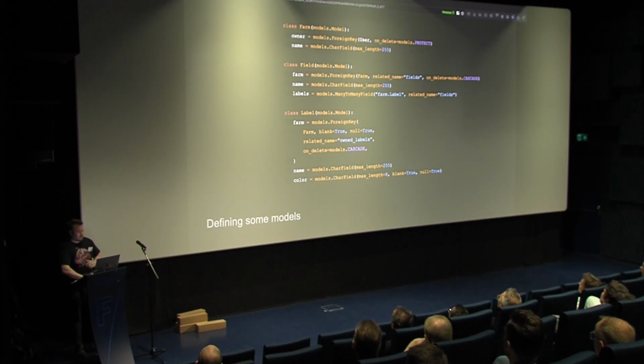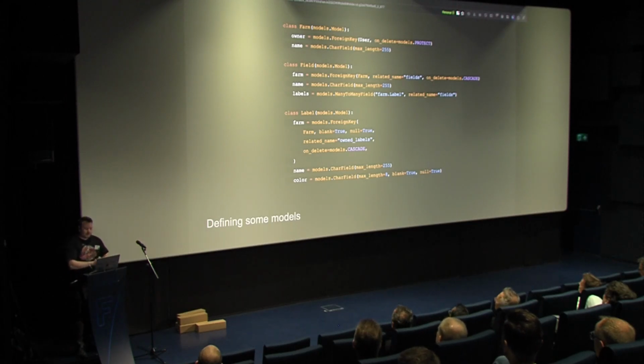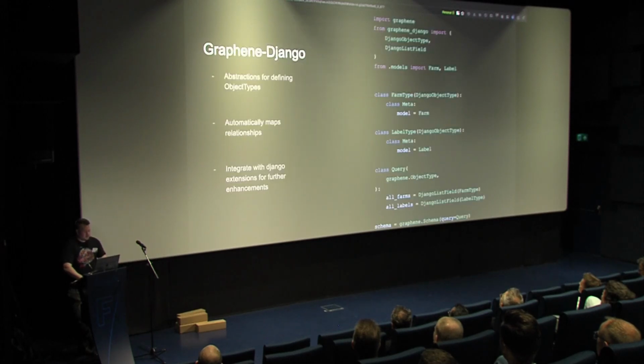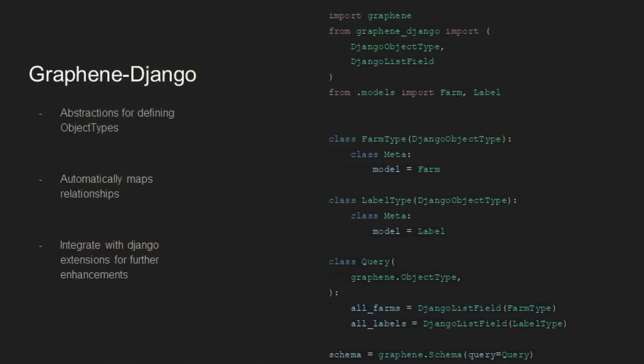And each field can have maybe a label or two. And yeah, they can be owned by farms. So there's some relationships being defined in Django, and yeah, it's basically very straightforward, I guess. This is all being mapped one-to-one, of course, to the database automatically by Django.